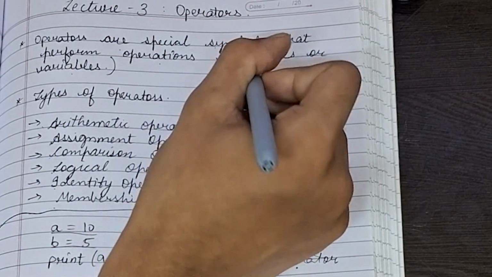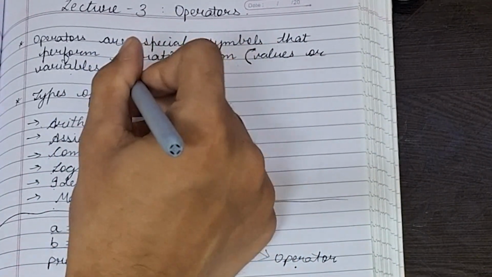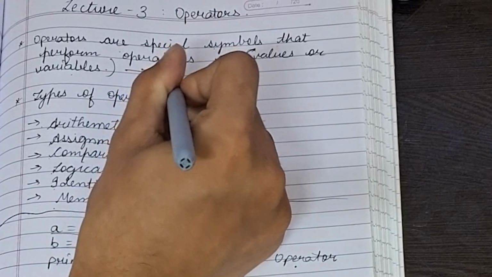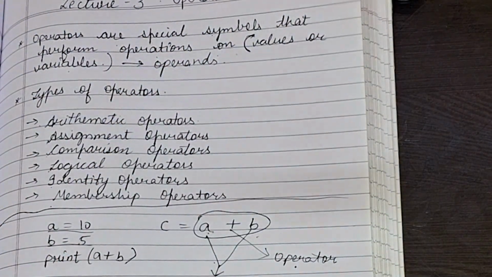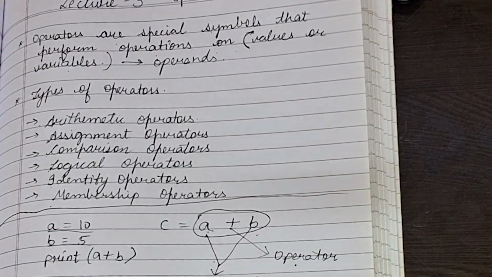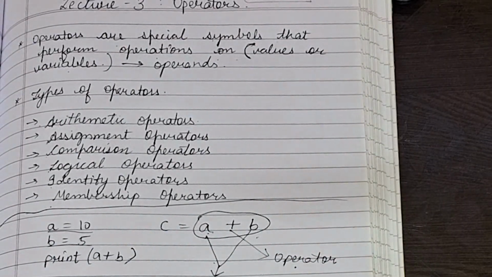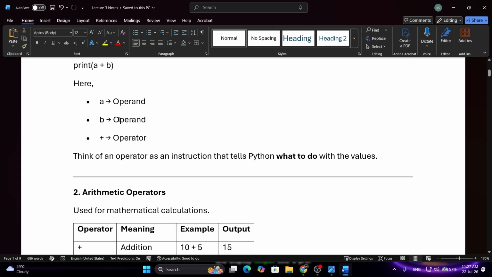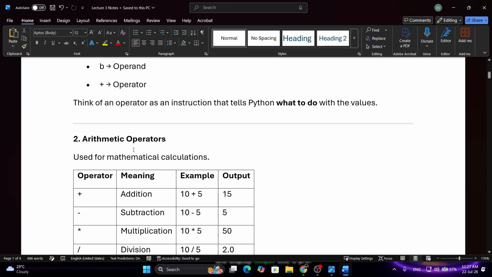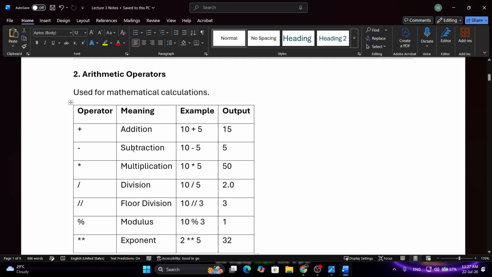So I may say that values or variables are equal to operands here. This is the meaning of this. Coming onto the screen, we have said that A and B are operands and plus is the operator. This is pretty much clear now.